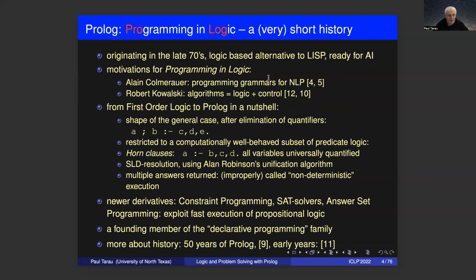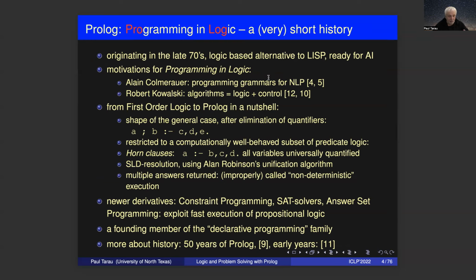So to get to the history a little bit, it originates from, I would say, two original motivations. Alain Colmerauer wanting to do some interesting natural language programming with grammars, and then Robert Kowalski wanting to express algorithms and the computational aspects of computer science as logic plus control.